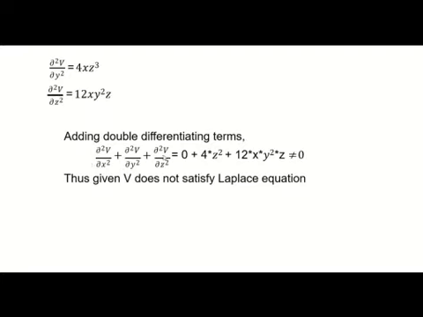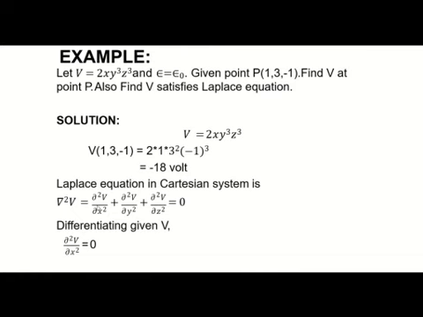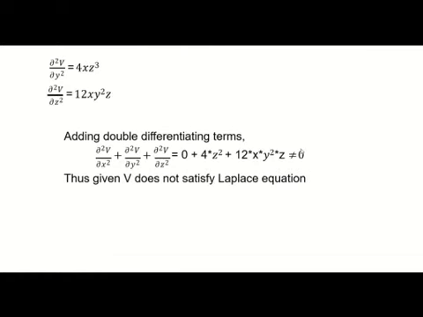So if we add all these expressions over here, then what we are getting is not equal to 0. But what we know, by the Laplace equation, is that nabla square V must be equal to 0. So since we are getting not equal to 0, V does not satisfy the Laplace equation.